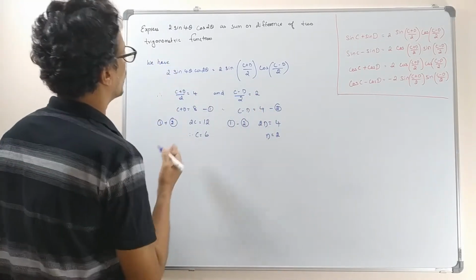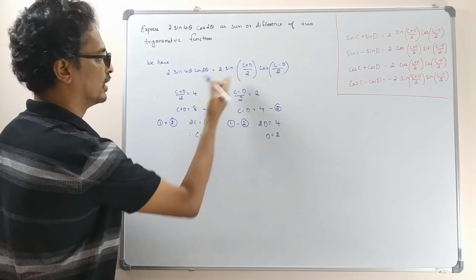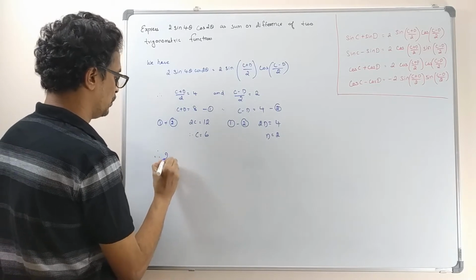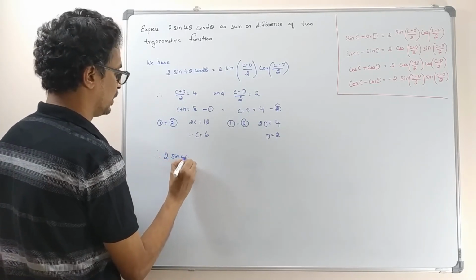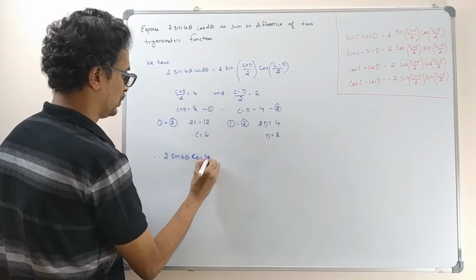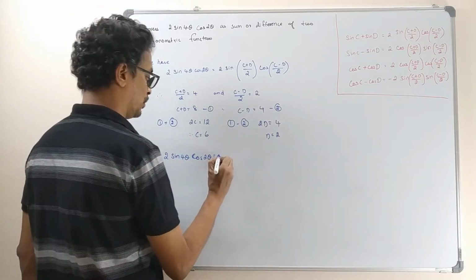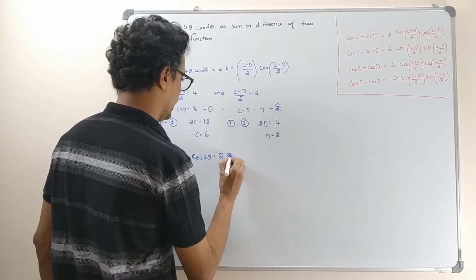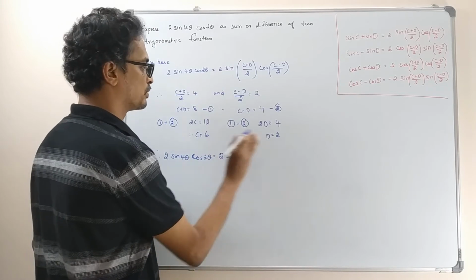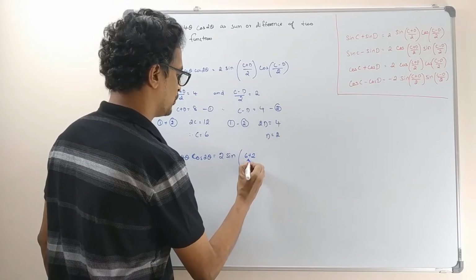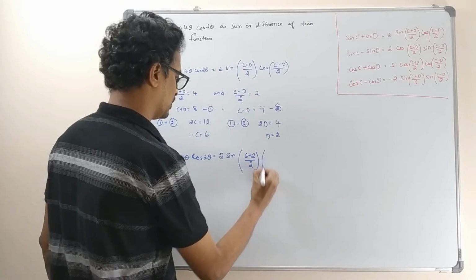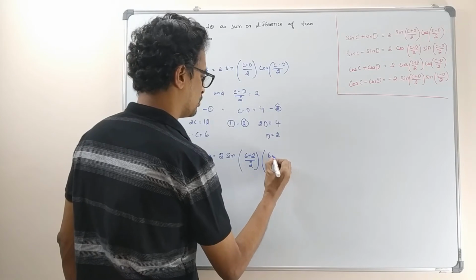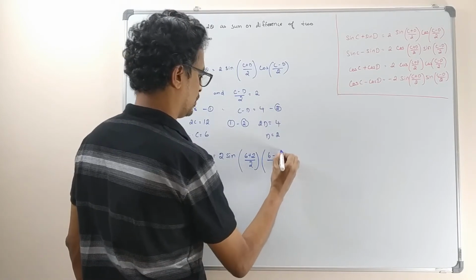So we got c plus d and this formula. Therefore 2 sin 4θ cos 2θ is equal to 2 times sin of (6+2)/2... Sorry, we have done something wrong.